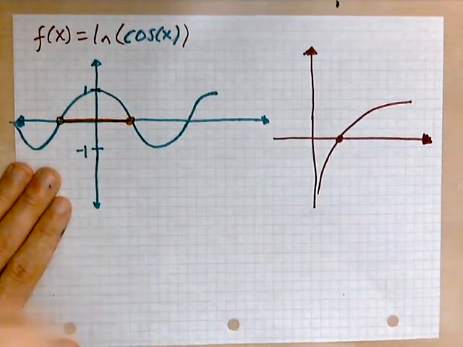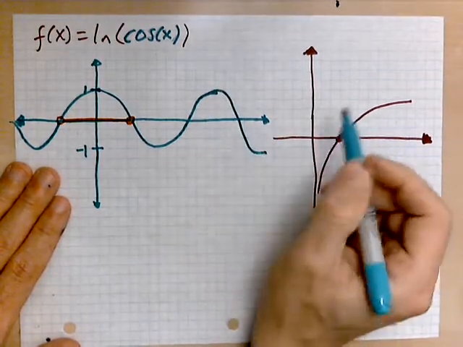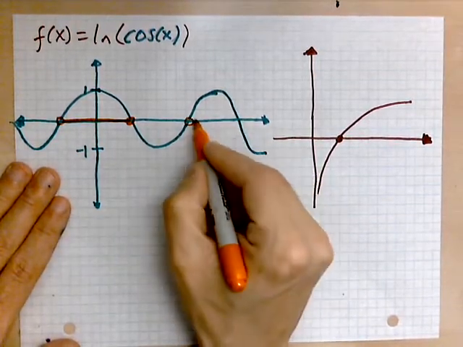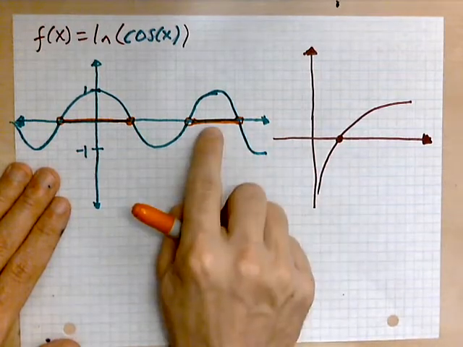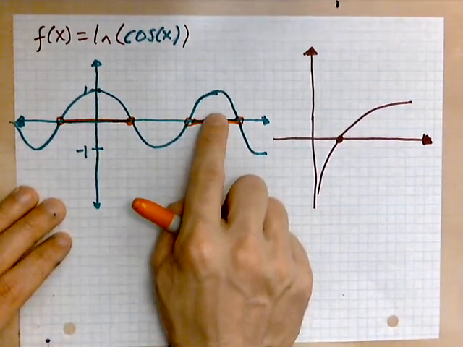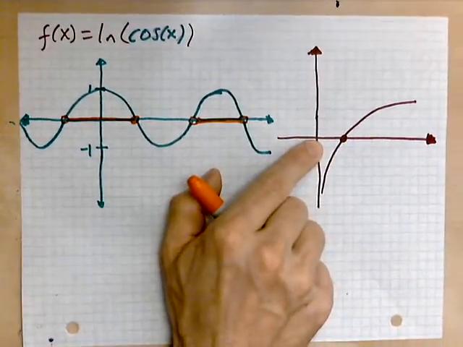If we extend the cosine function, so as to reveal its repeating behavior, you see here's another chunk of the x-axis. Any value of x chosen from here fed into the cosine function yields a positive value, which means then you can feed that into the ln function.